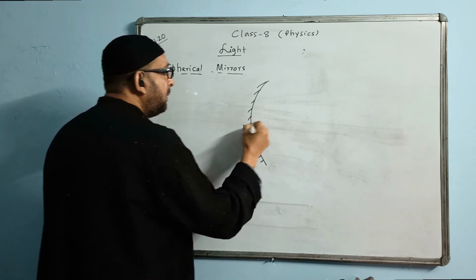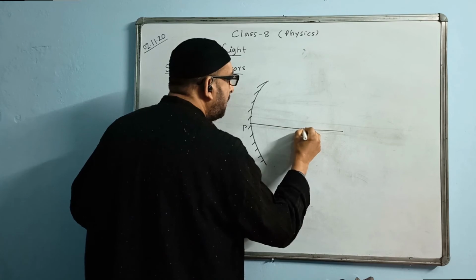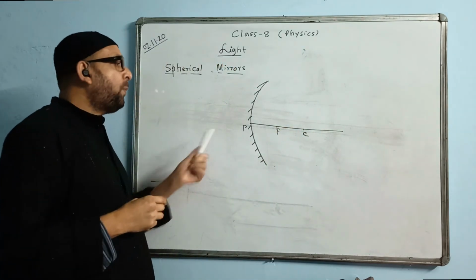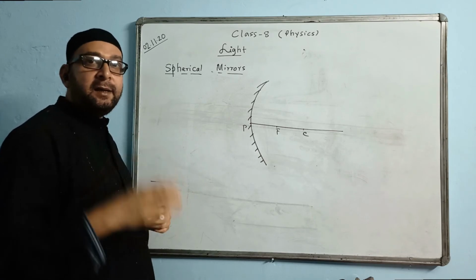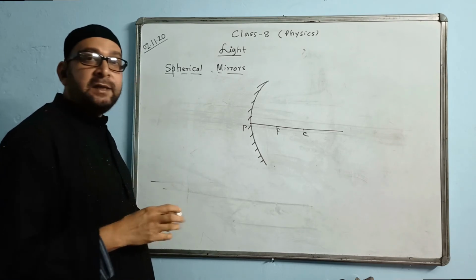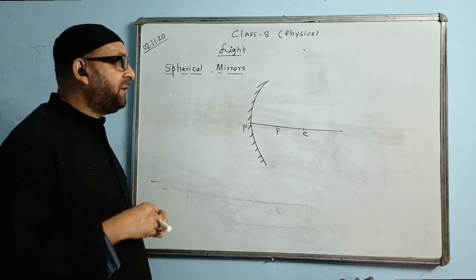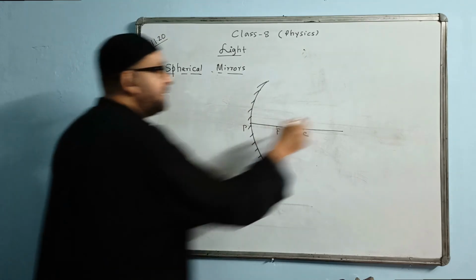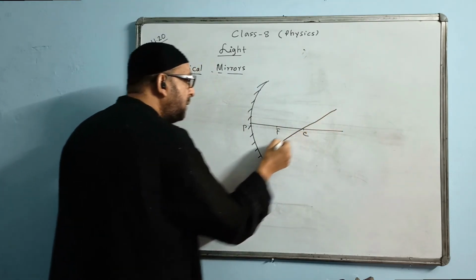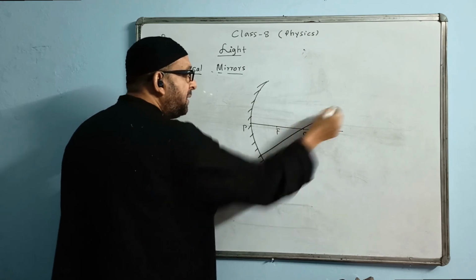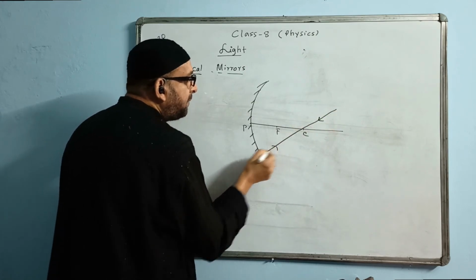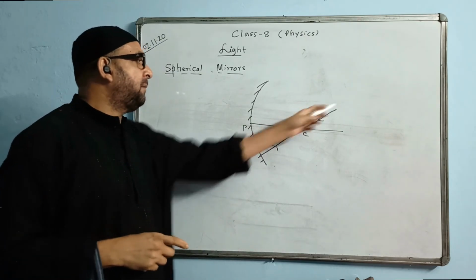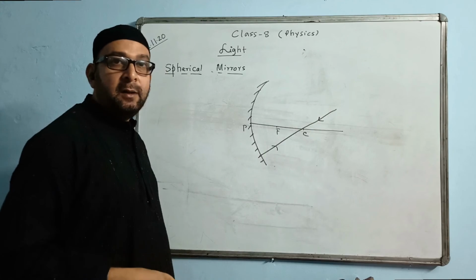Here is P, here is C, here could be F. The property related to C says any incident ray through C retraces its path. Retraces means returns back along the same path. Like this, a ray of light passing through C, coming incident, will strike the mirror and return back along the same path. For this, the incident ray and the reflected ray will be the same, returning in the same direction.